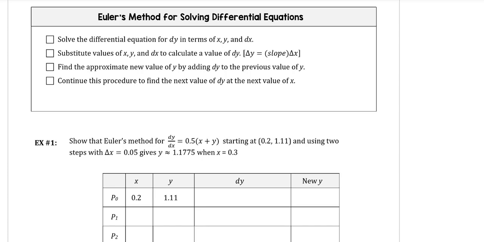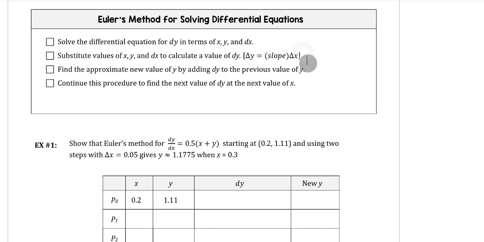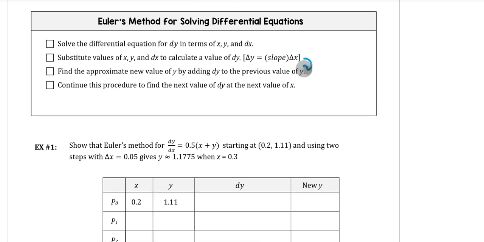Then you approximate your new value of y by adding that value you found in step 2. You add to it the previous y. So what you do here for step 3 is you take step 2 and you do step 2 plus your y, your previous y. And then you just keep repeating that process over and over until you get to the y that you want.